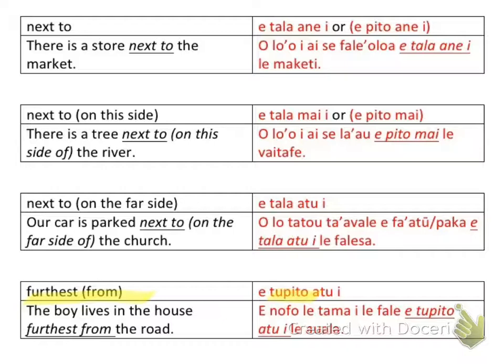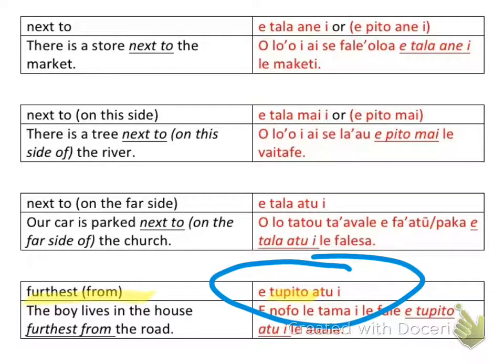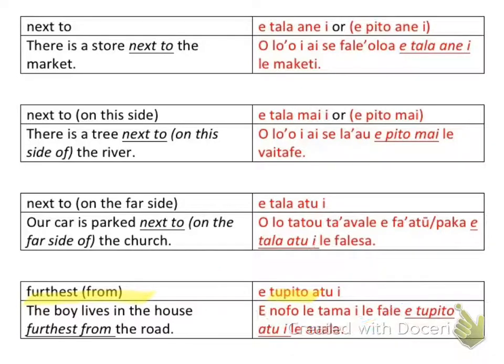Maybe it's because tu pito atu means furthest from, and they might get confused that you're saying it's not next to it, but furthest from. So maybe they're trying to clarify that. If you use pito atu, they might think you're saying tu pito atu, which means furthest from. So maybe that's the reason why they don't use pito atu.